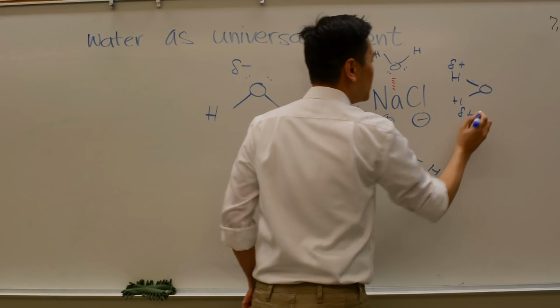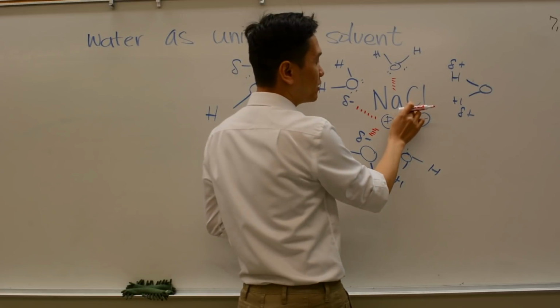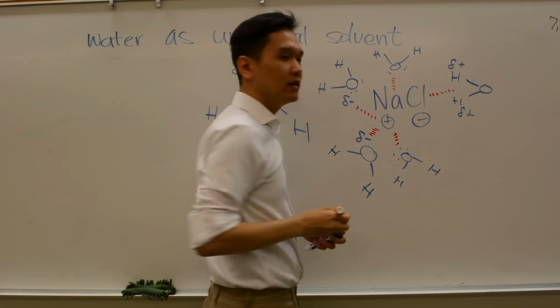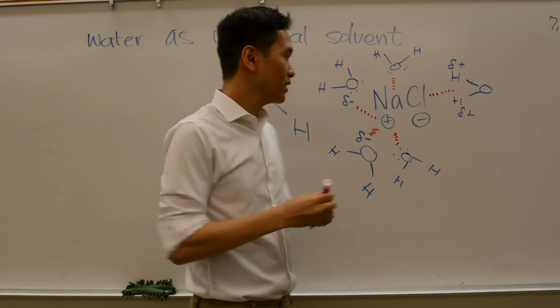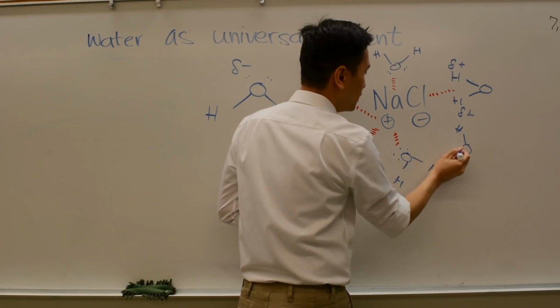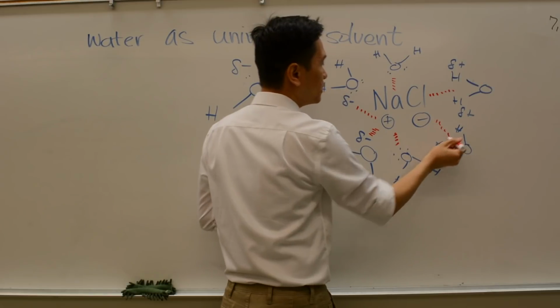Positive, negative, right? So you can imagine then, this chlorine is negative. Ooh, sees positive charge. Okay, fine. I'll bond with you. Again, water is a small enough molecule that you can see this happening many, many times over.